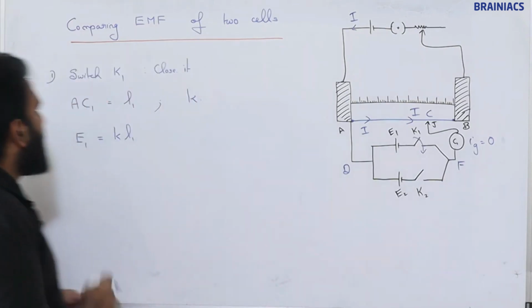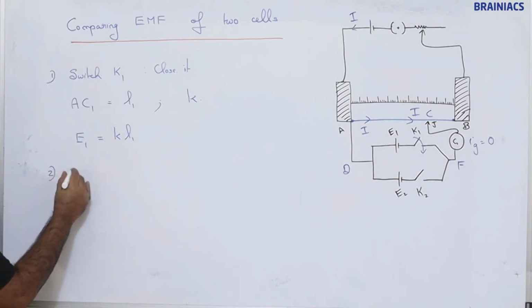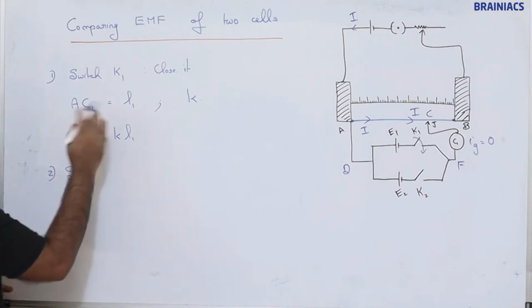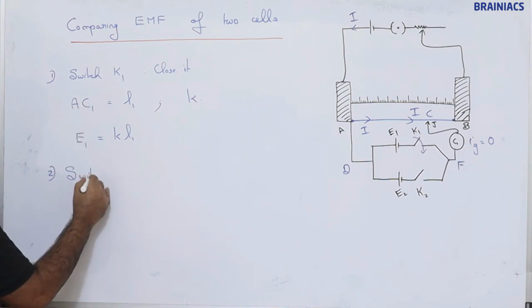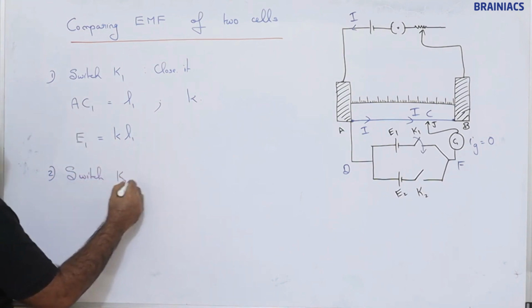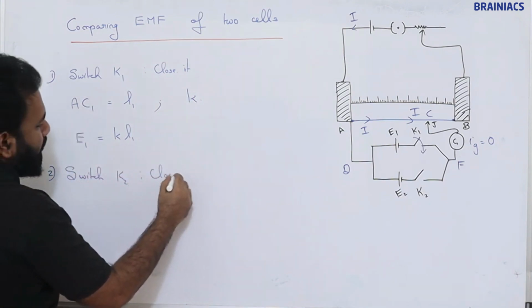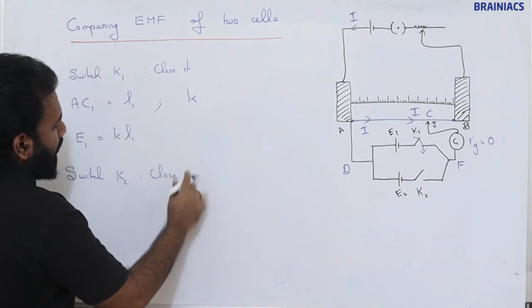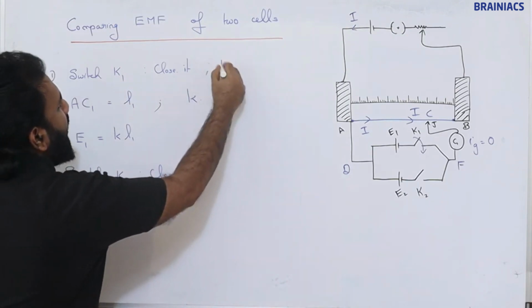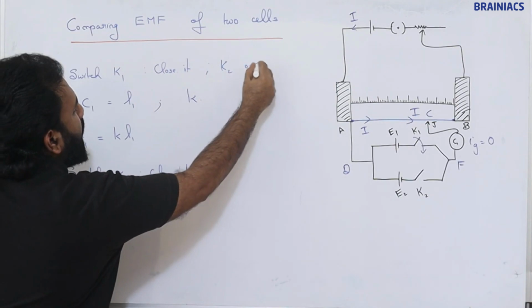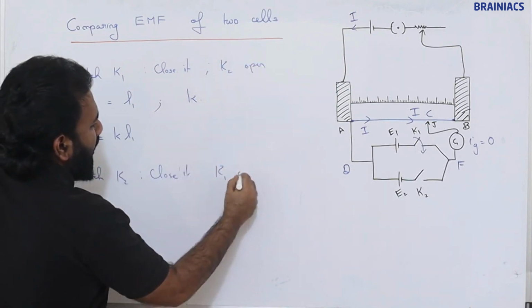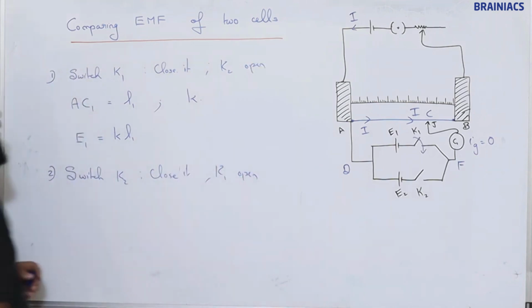Now the second process is we open switch K1 and close switch K2. K2 is closed, and we open K1.